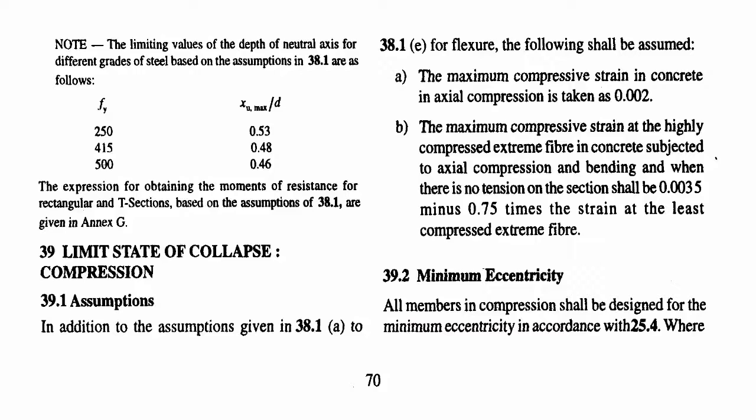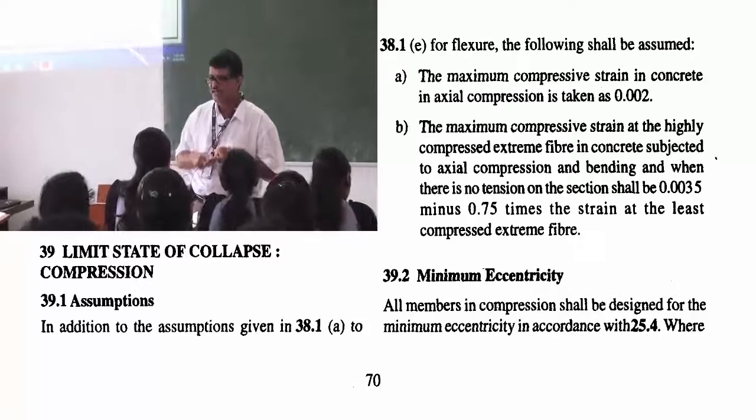Then there is another clause: the maximum compressive strain at the highly compressed extreme fiber in concrete subjected to axial compression and bending. The two cases we have seen: one is columns subjected to axial compression, number two is axial compression plus bending. Bending may be in one axis, or in both axes. Those are the two cases.